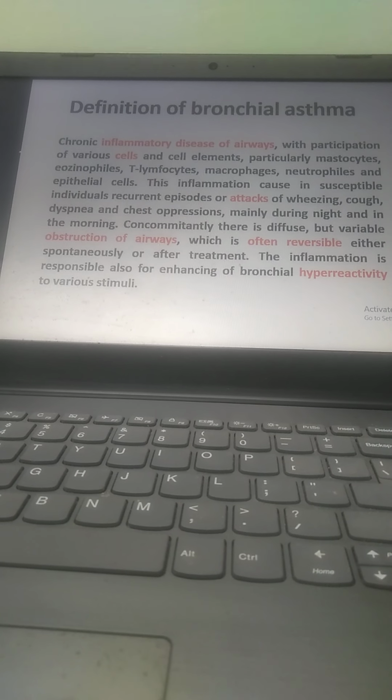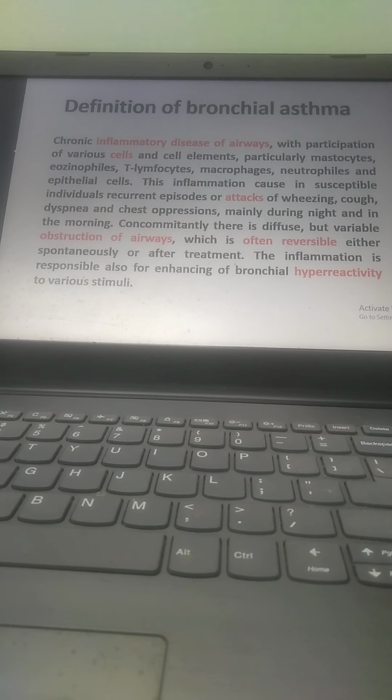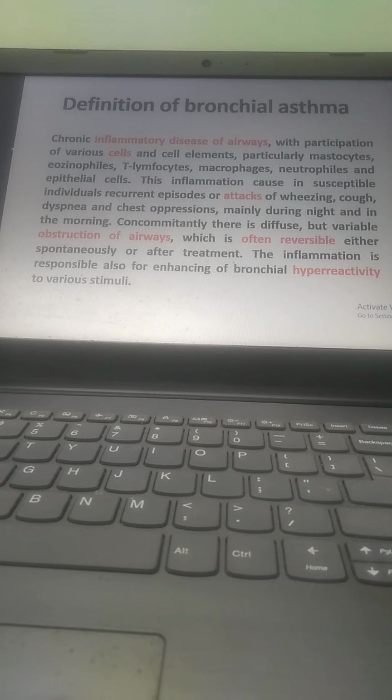Now, the definition of bronchial asthma: it is a chronic inflammatory disease of the airways with the participation of various cells and cell elements, particularly mast cells, eosinophils, T lymphocytes, macrophages, neutrophils, and epithelial cells. This inflammation causes, in susceptible individuals, recurrent episodes or attacks of wheezing, cough, dyspnea, and chest tightness, mainly during the night and in the morning.